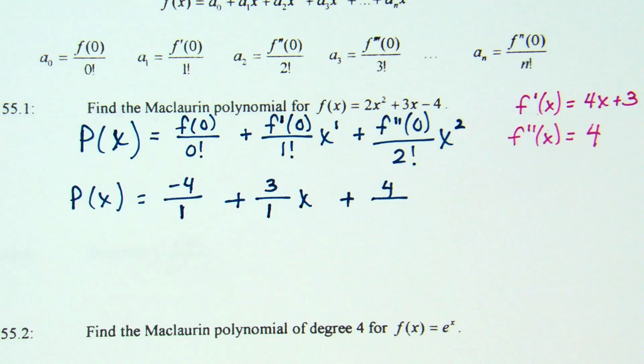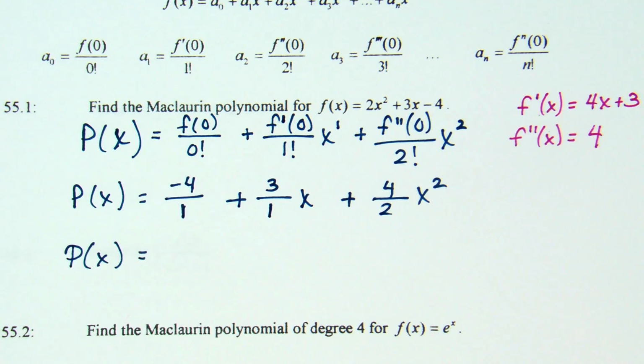Clean that up. What does this look like cleaned up? The original, once you do the math here, negative 4 plus 3x plus 2x squared.